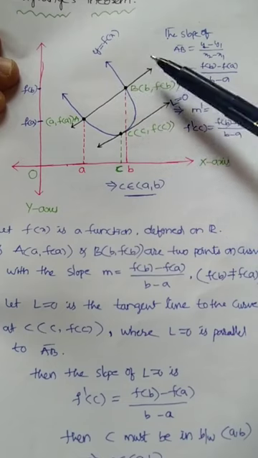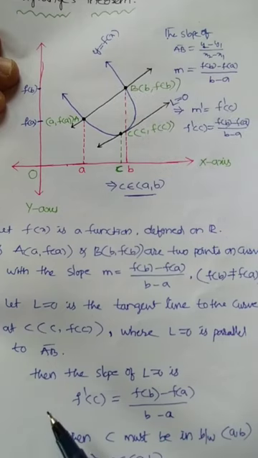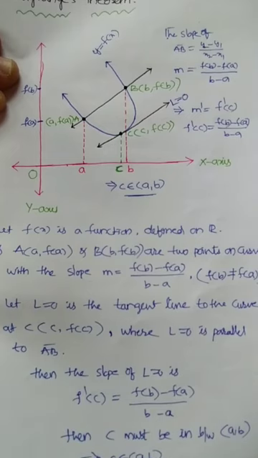Then the slope of the tangent line L = 0 must be equivalent to f dash of C, which is equal to f of B minus f of A by B minus A, as we discussed here. Then our C must lie in between the open interval A comma B. That implies C belongs to the open interval A comma B. This is our geometrical interpretation of Lagrange's theorem.